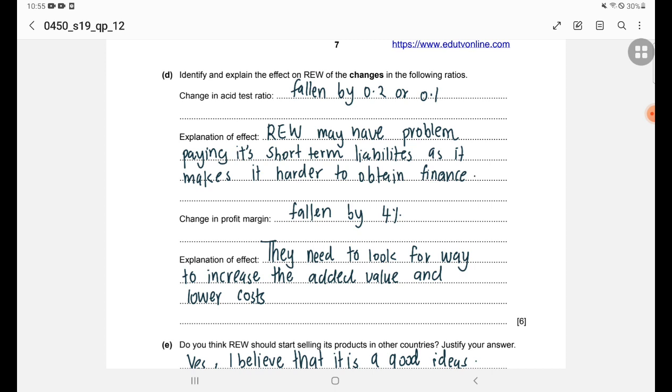Any other answer should be credited if it makes sense and if it's related to the question, of course. Also, just to remind you, because this is a 6-mark question, application is very important here, and it might help you with marks if you did not state the right answer sometimes.